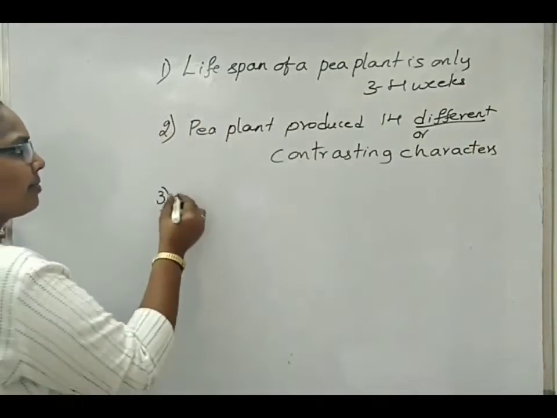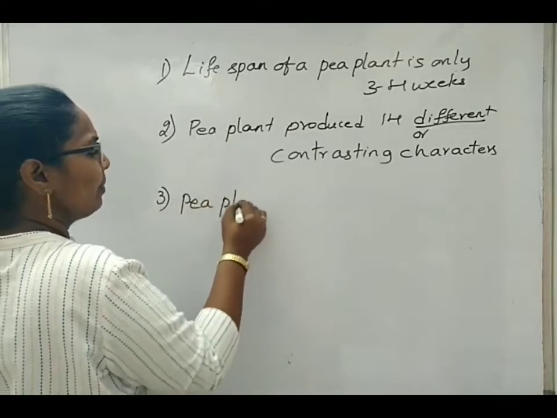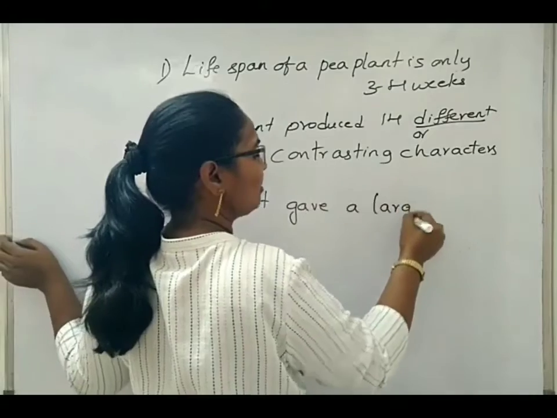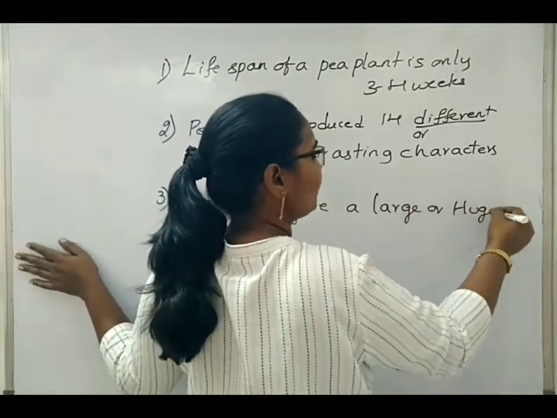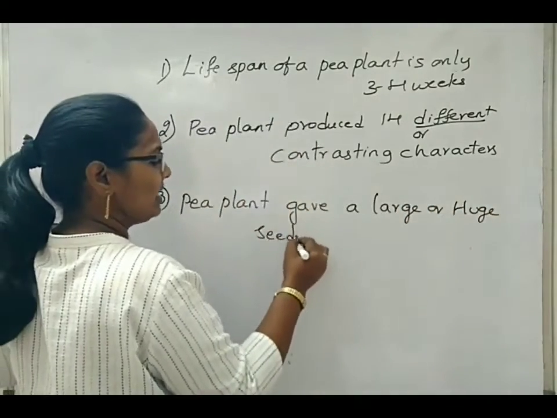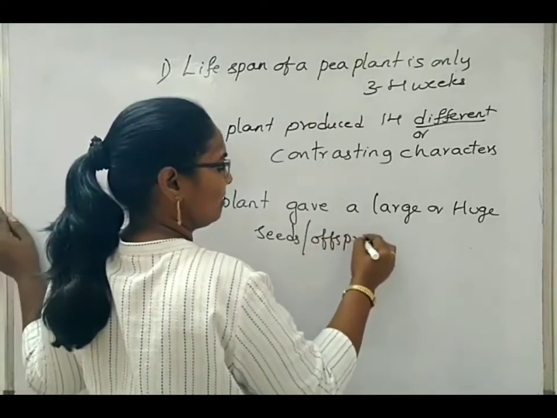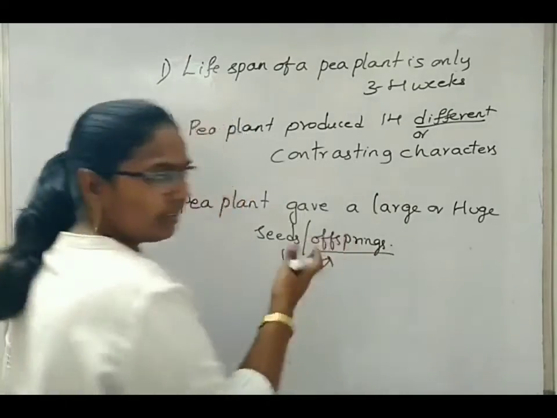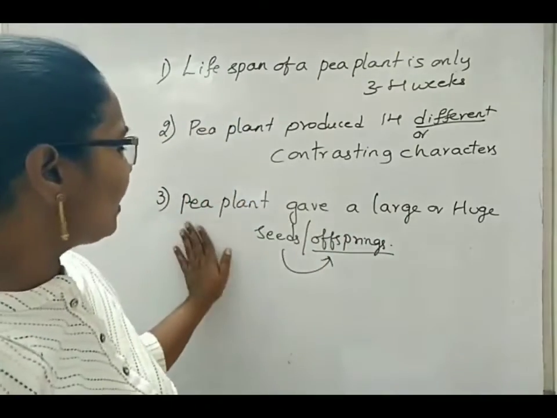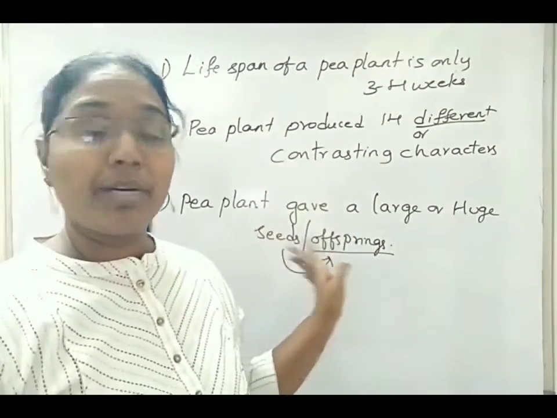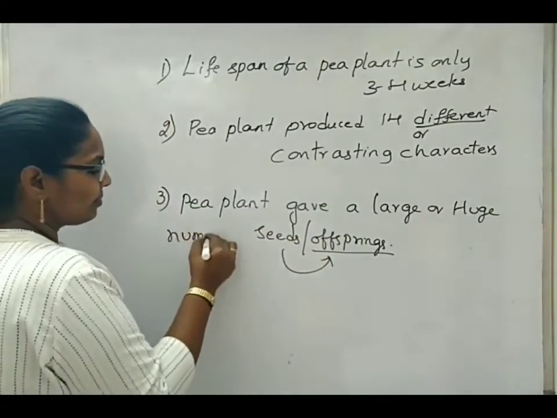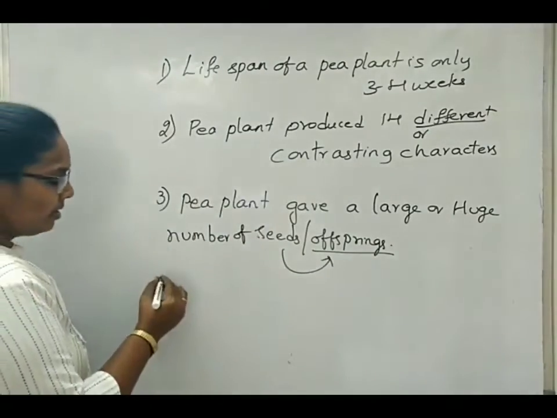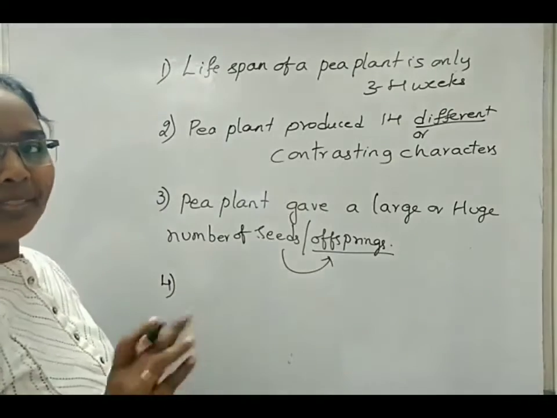Third, the pea plant gave a large number of seeds or offspring. Offspring means when the seeds are germinated, we get them. Here we can say the pea plant gave a huge number of seeds. This is one of the important features why Mendel selected the pea plant.